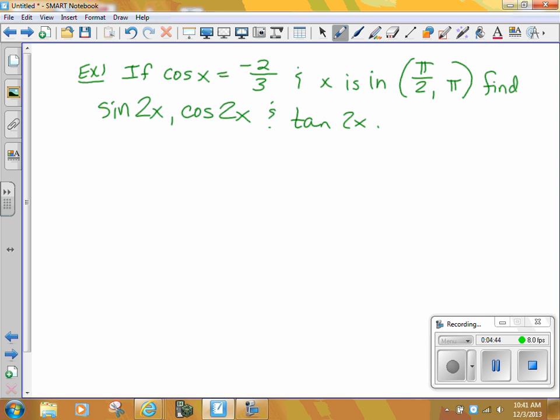It's an interval because it says x is in. What's that mean? If the angle is within that interval, where is it? It's the second quadrant. Okay.